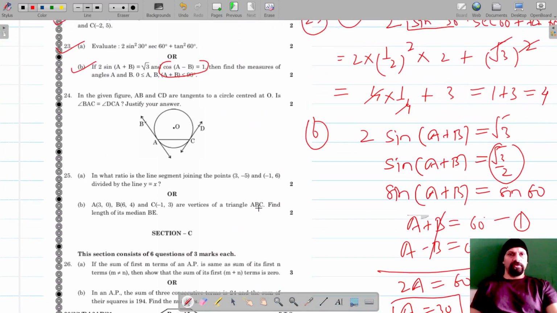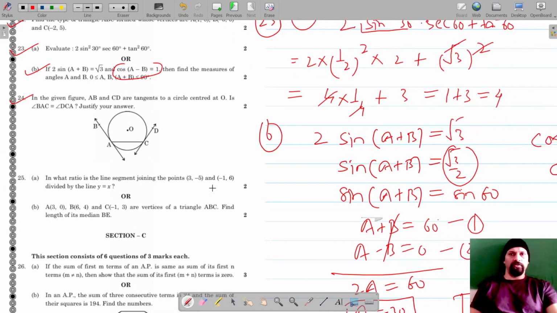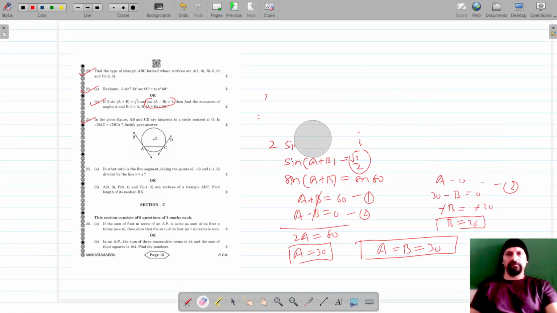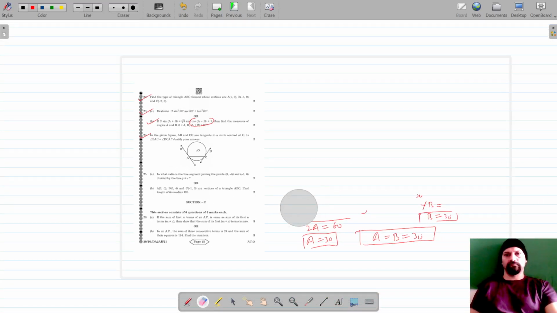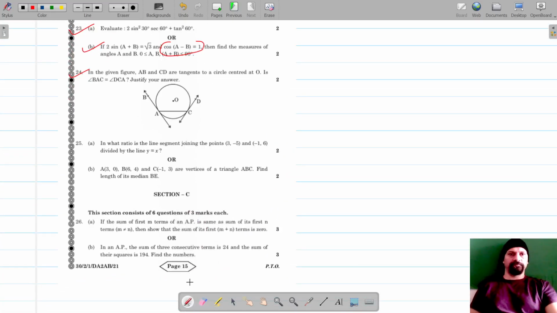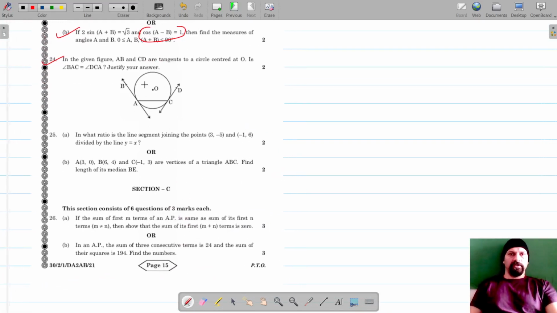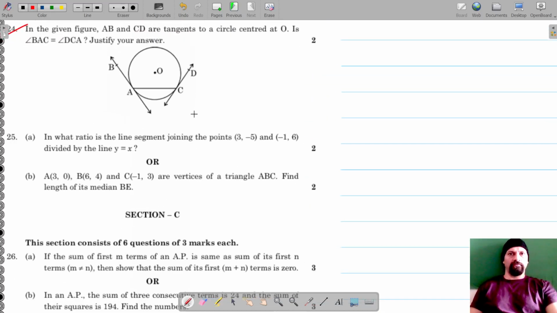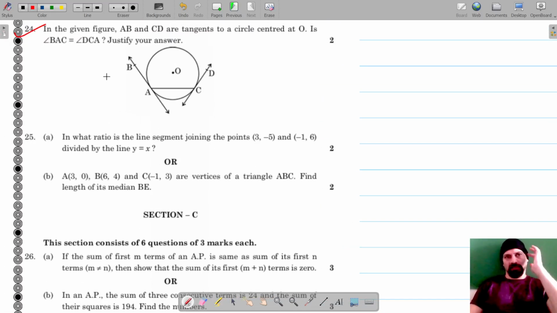Okay, let's move on to the next question, that is question number 24. Before that, I'm going to raise all these. Okay, for question number 24, in the given figure, AB and CD are tangents to a circle centered at O. So we have to show that angle BAC is equal to angle DCA.